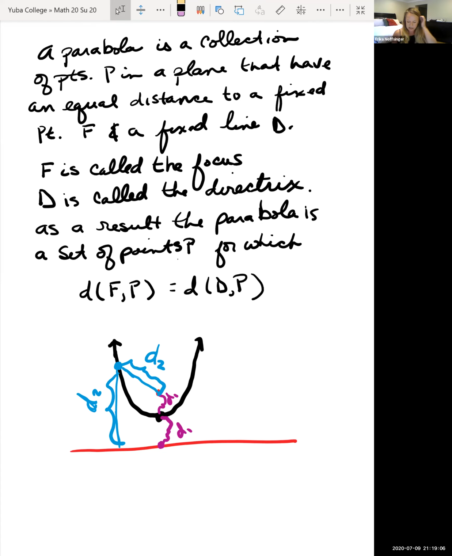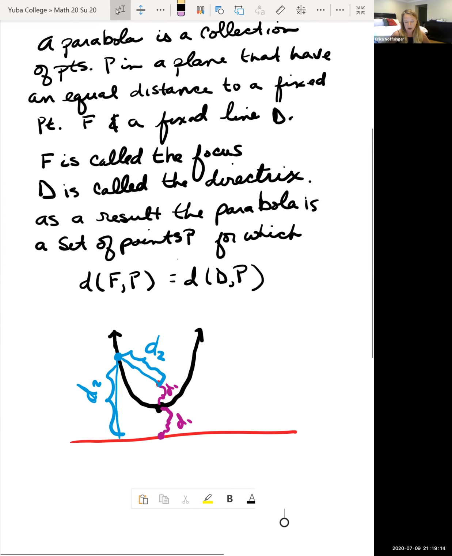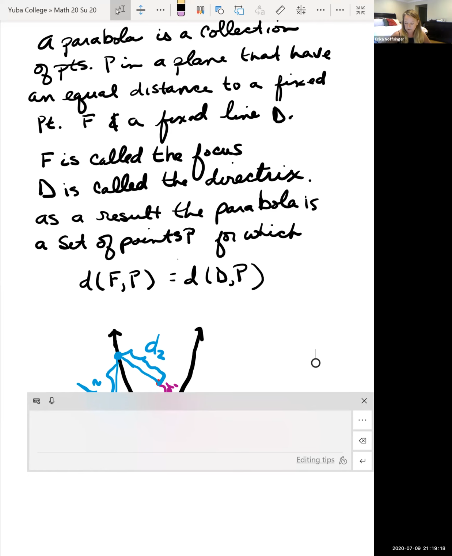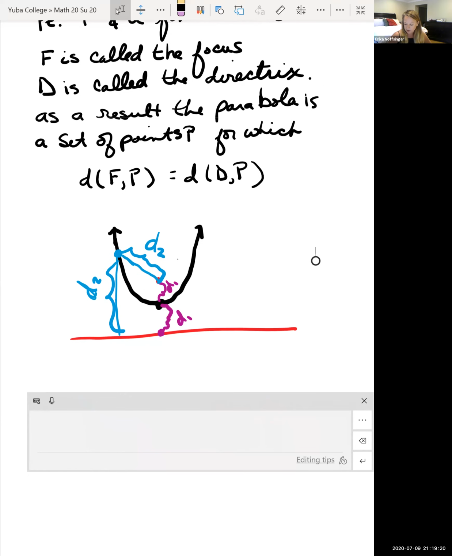So I'm not going to prove that. I am just going to now jump into the 4 forms that you can see for a parabola. We talked about how your parabola could be facing up or down. That had to do with the coefficient in front of the x squared value.